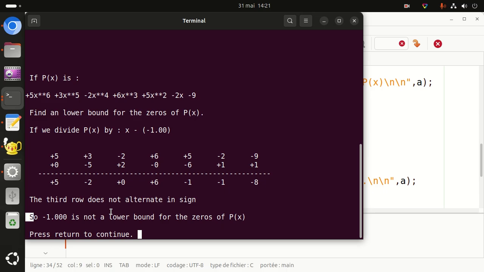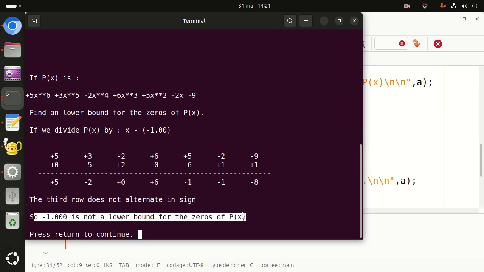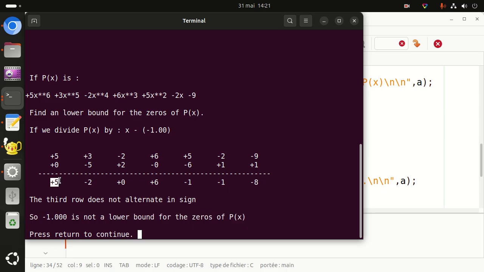So minus 1 is not a lower bound for the root of p of x. Plus, minus, plus, plus, plus, plus, minus, minus, minus, minus. The coefficients of the first row do not alternate.